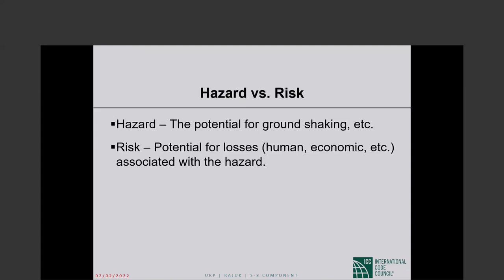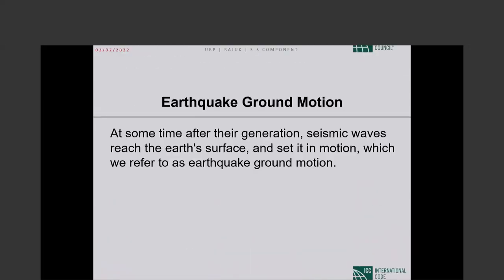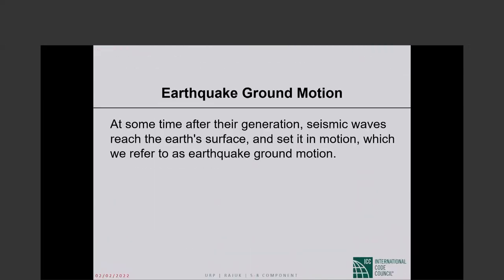If the construction is of high quality, then the risk goes down. The hazard being the same, the risk could be high for poor quality construction and could be low for high quality construction. I think that should be kind of intuitive and obvious. Okay? So hazard and risk are not the same things.